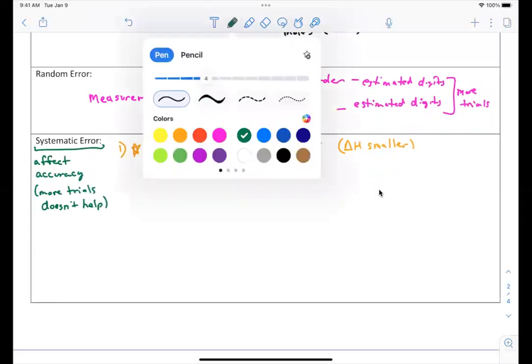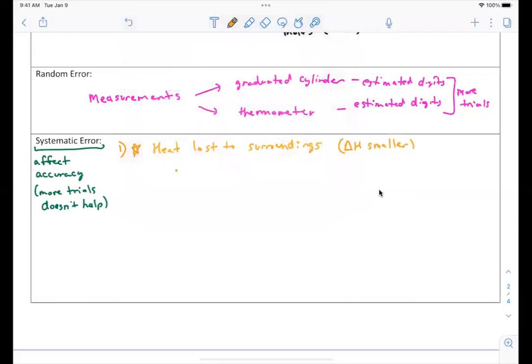Okay. So heat loss to surroundings can be minimized by using a lid, better insulation, factoring in beaker heat. So if you knew the specific heat of the beaker or the heat capacity of the beaker, you could add that heat exchange into there as well.